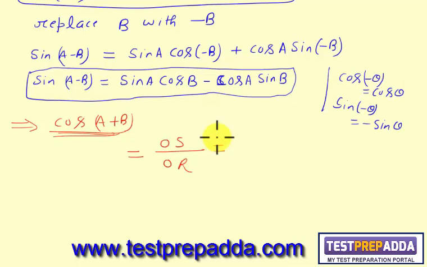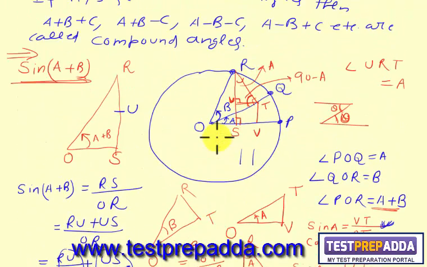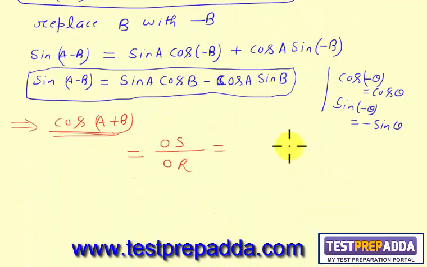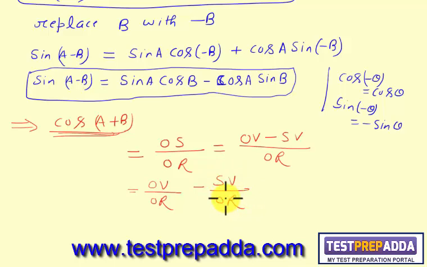Now, can we break OS? OS is OV minus SV. So I will write this as OV minus SV upon OR. I'll divide by OR. It will become OV upon OR minus SV upon OR.